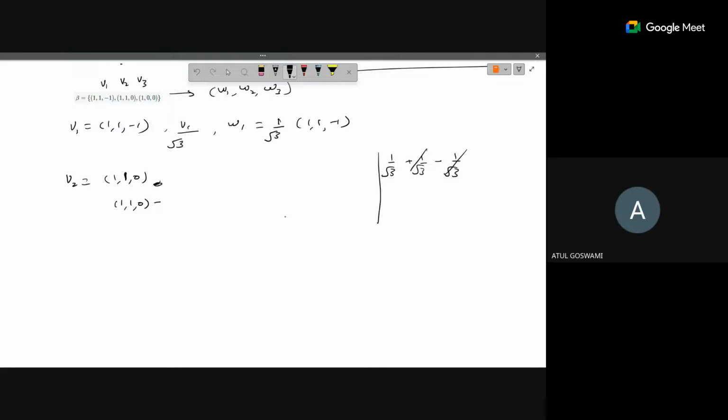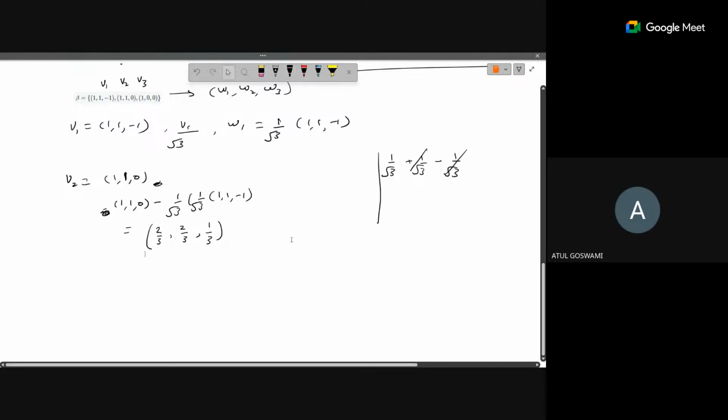These two cancel, so only 1 by root 3 is the dot product, and the vector is 1 by root 3 times (1, 1, -1). So we get 1 minus 1 by 3, which is 2 by 3, comma 1 minus 1 by 3, that is 2 by 3, and 0 minus, this is minus 1 by 3, so it would be plus 1 by 3.